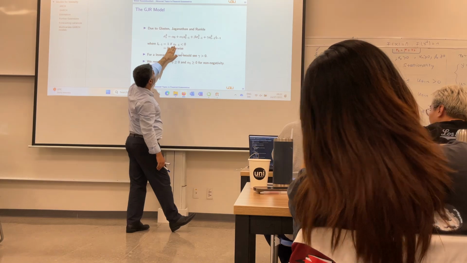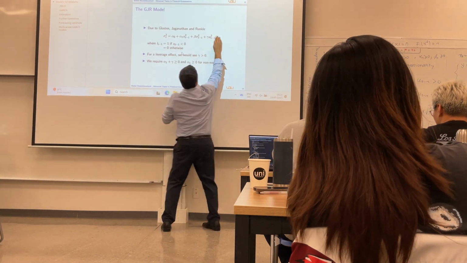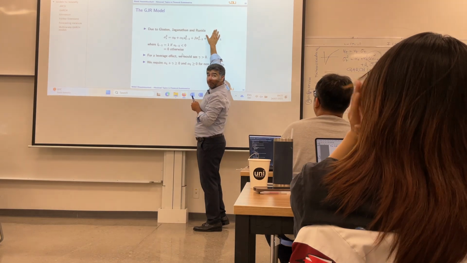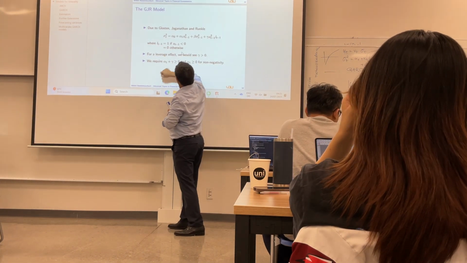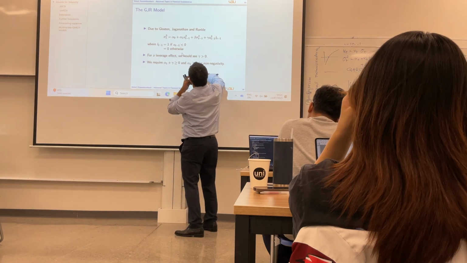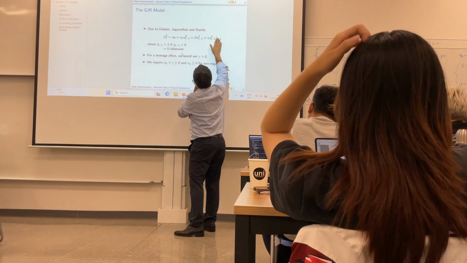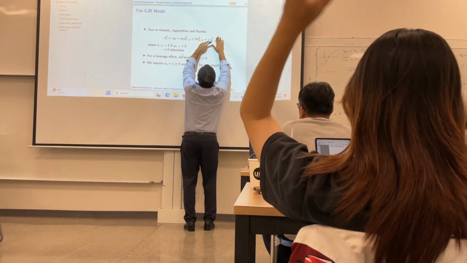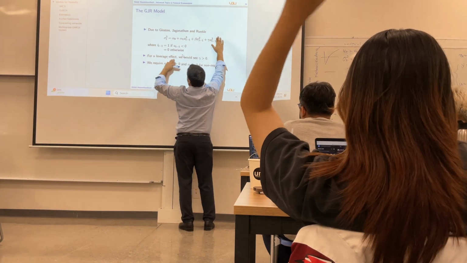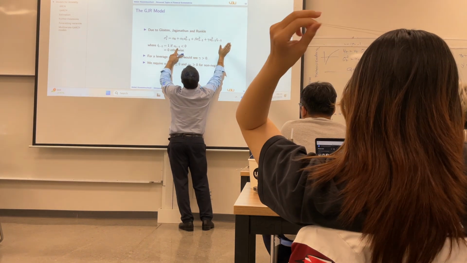So if the shock is positive, this indicator function turns off, this goes off. If the shock is negative, then it remains and will be part of it, so the coefficient of u will be alpha 1 plus gamma. And if the shock is positive, then this goes off.